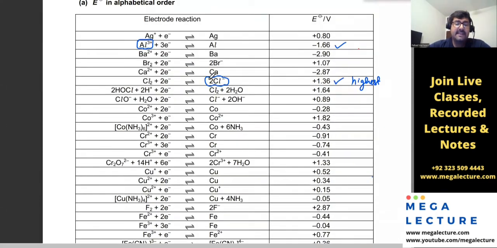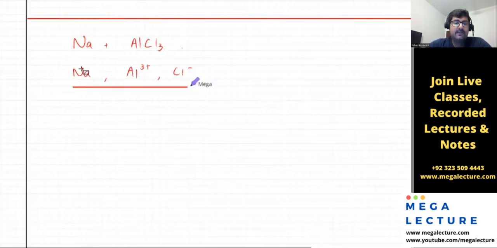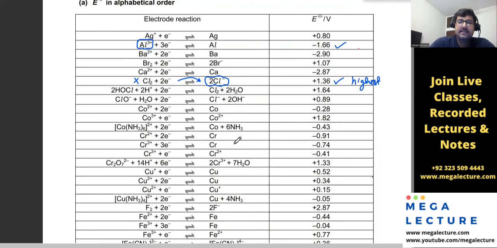Highest gains electrons, which means this reaction will move in the forward direction. It's going to gain electrons. So I'm not going to use this reaction. Why? Because I don't have Cl2. There is no Cl2 in my reactants. But if there is no Cl2, how would it gain electrons? That's not possible. So it stands rejected. Okay, is this clear?